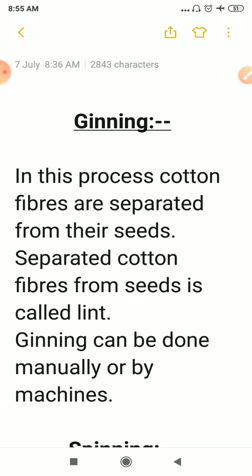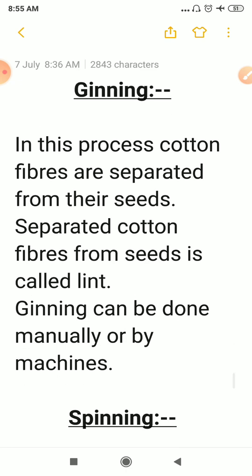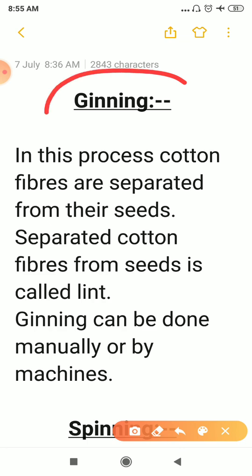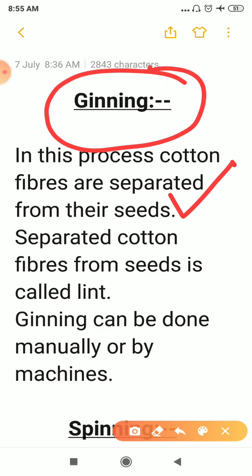Separated cotton fibers are called lint. Ginning is the process in which the cotton fibers are separated from the cotton seeds. Ginning can be done manually or by a machine also.